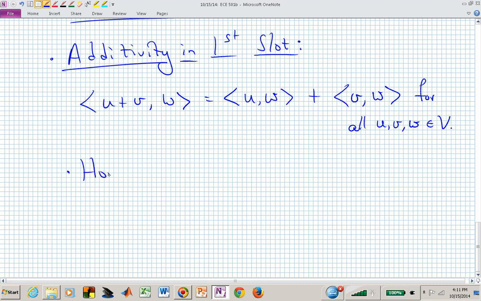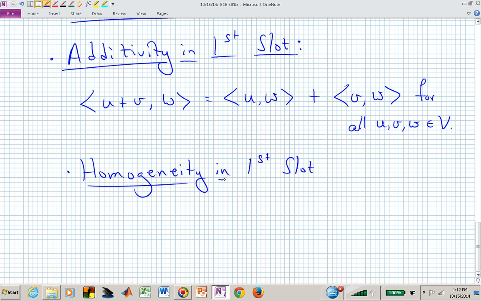Homogeneity is also something that we want. And this will depend on what's happening in the first slot, meaning if we scale the first vector in our inner product, that scalar can slide outside the inner product.